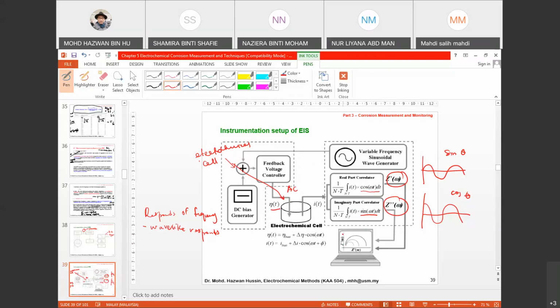The plot that you will get, as I said, is the Bode plot and also the Nyquist plot. This one is an example of a Nyquist plot, where you have Z double prime versus Z prime, imaginary versus real, forming a semicircle.